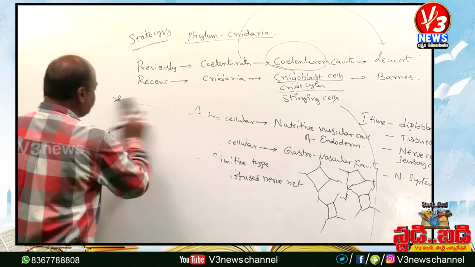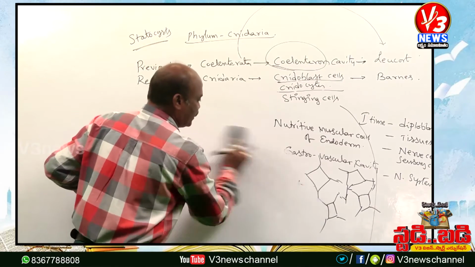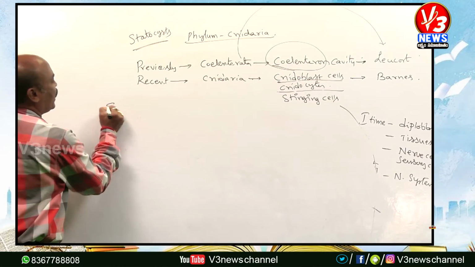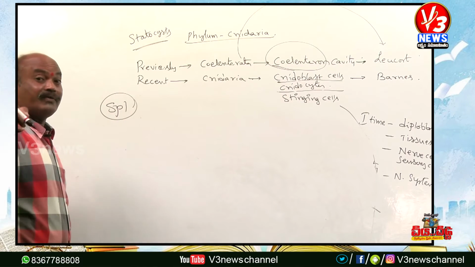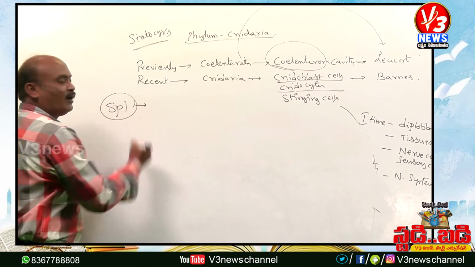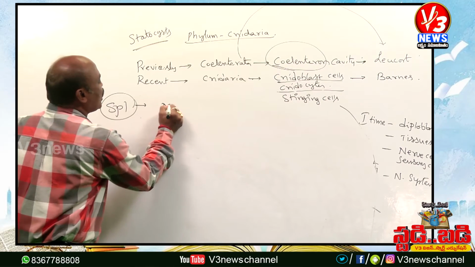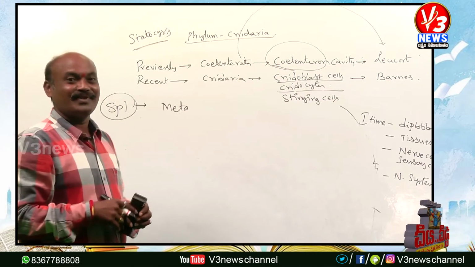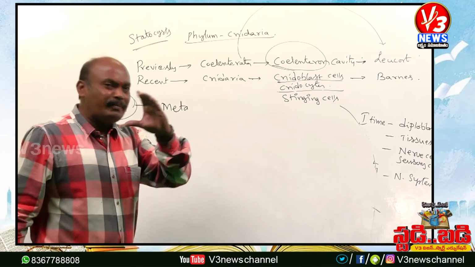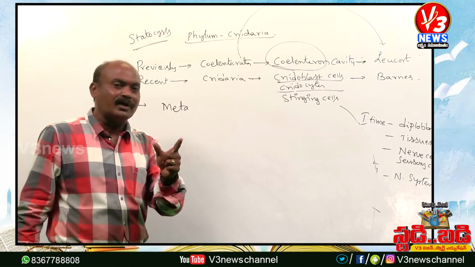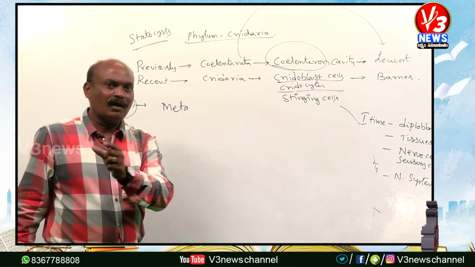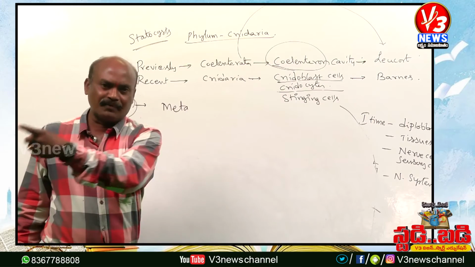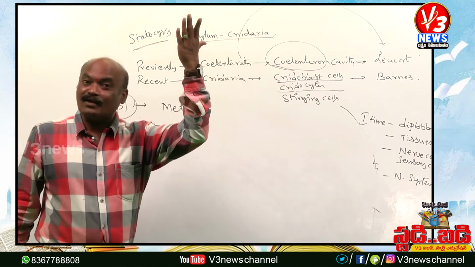Right. Now coming to a special character. Very important character: Cnidarians exhibit metagenesis. Why? Because I am focusing here on the prefix meta. Metastasis, metagenesis, metamorphosis, metamerism, there are four technical terms.